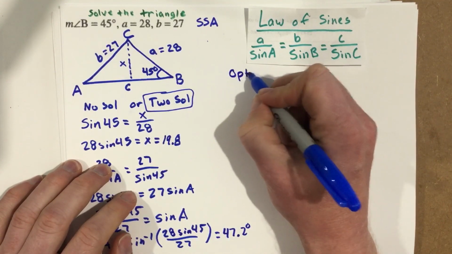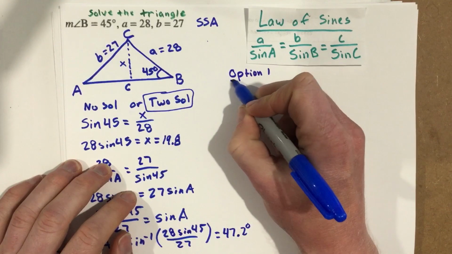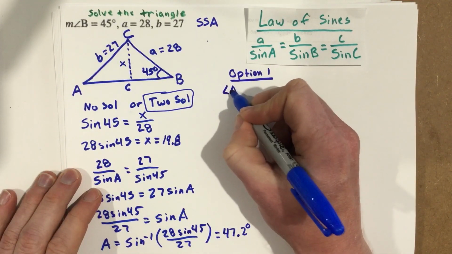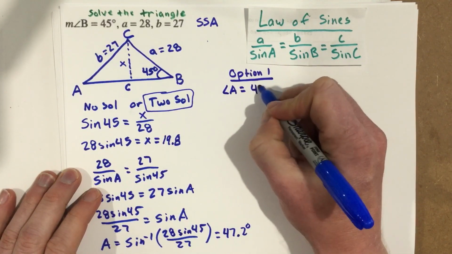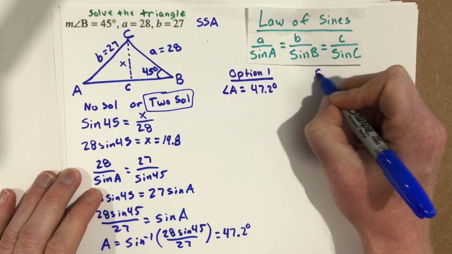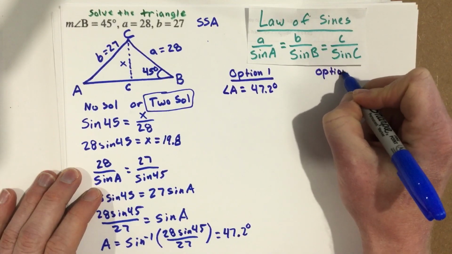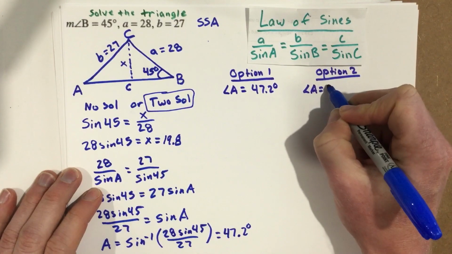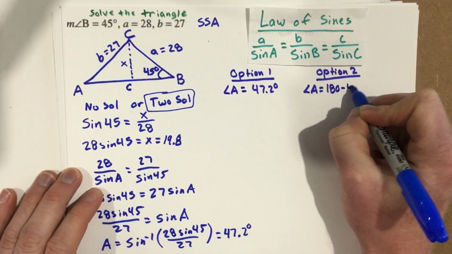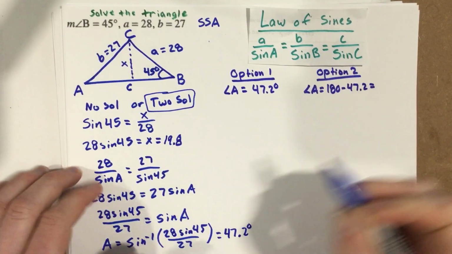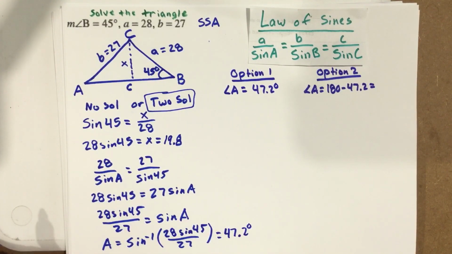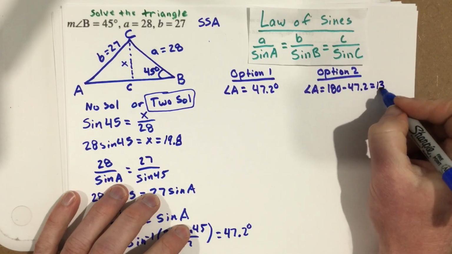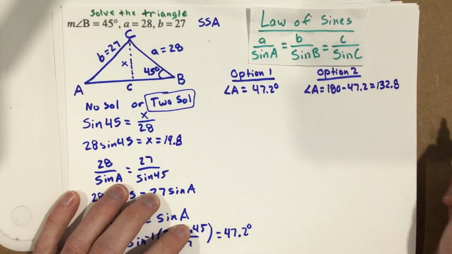So let's write the two options at the top. Option 1: your angle A equals 47.2. Option 2: your angle A equals 180 minus 47.2, which is 132.8.